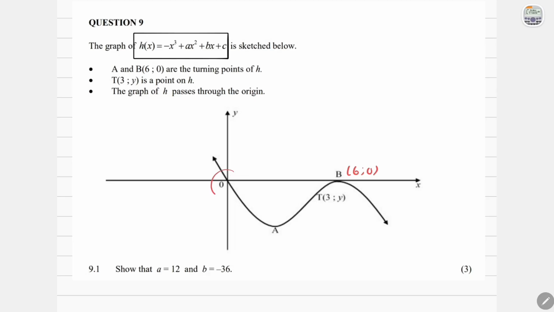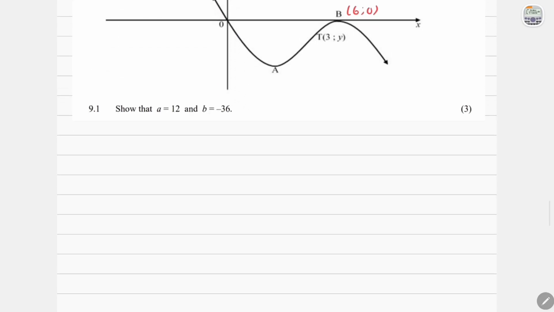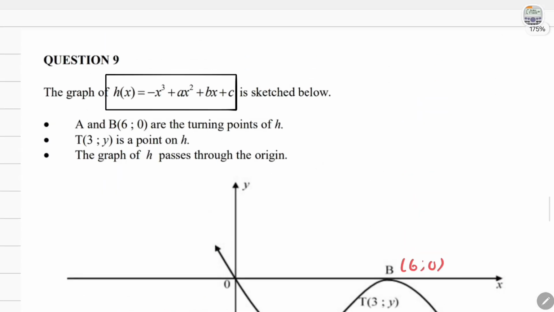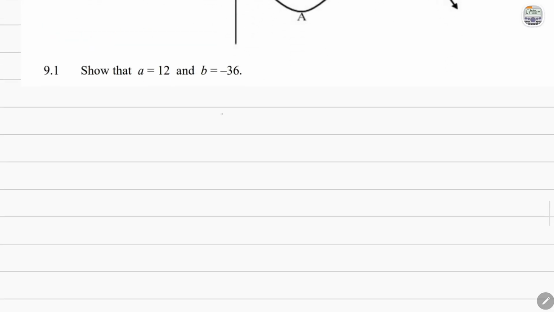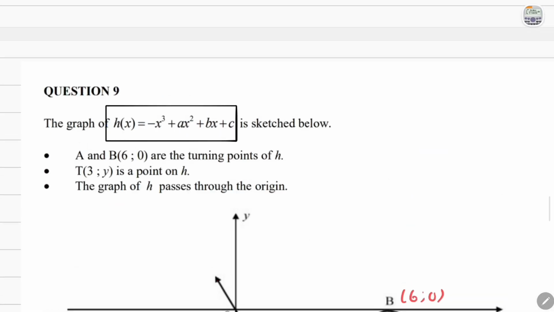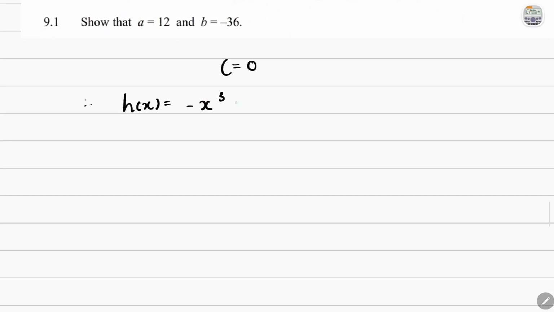But we know that the graph passes the origin, meaning that c, that y-intercept, is equal to 0. So we can just state that first. C is equal to 0. And so our equation is now h of x is equal to negative x cubed plus ax squared plus bx.